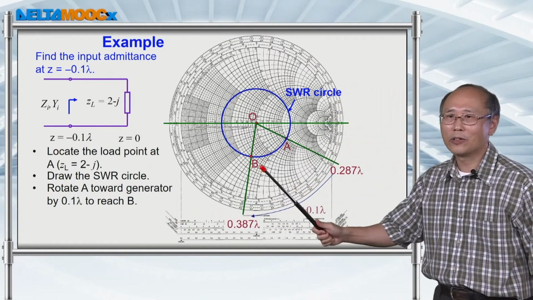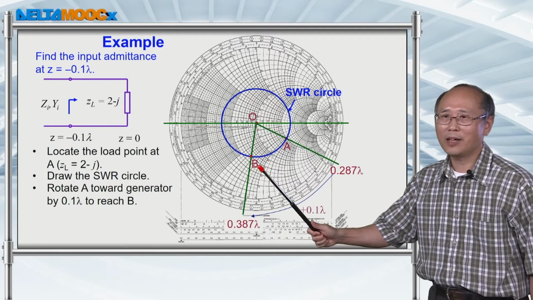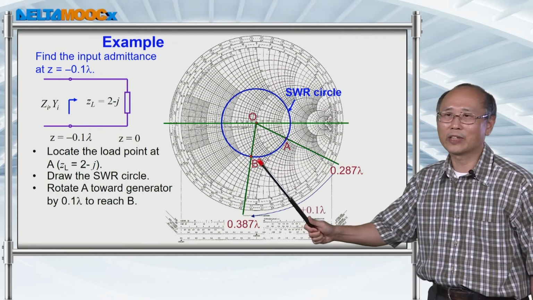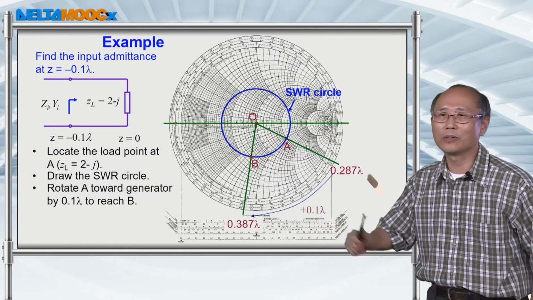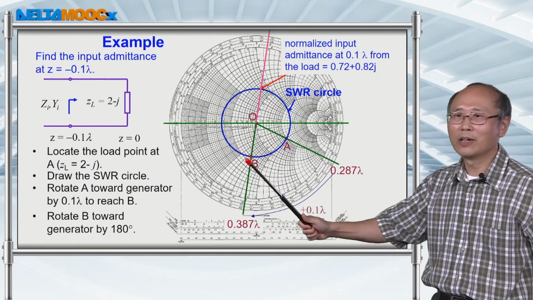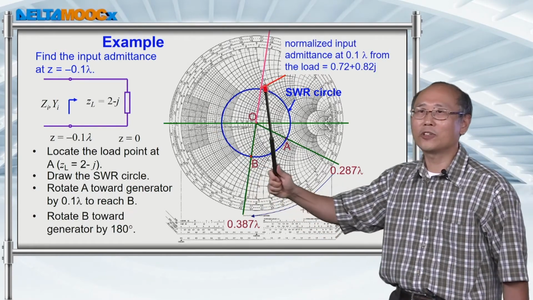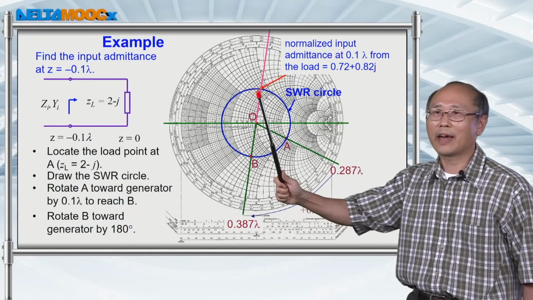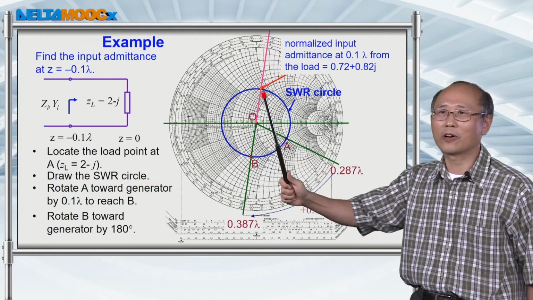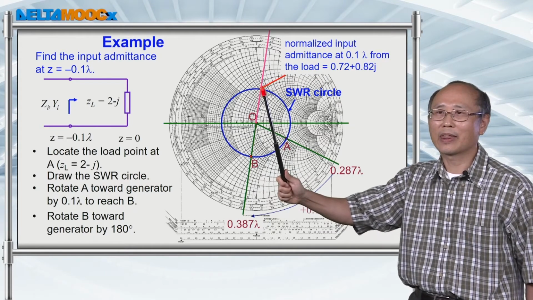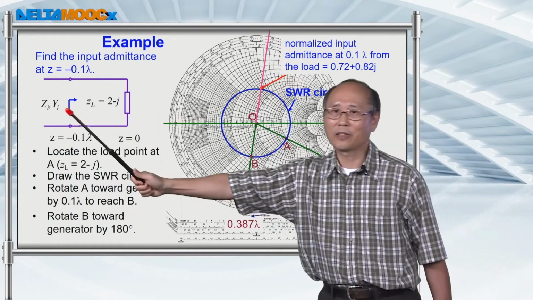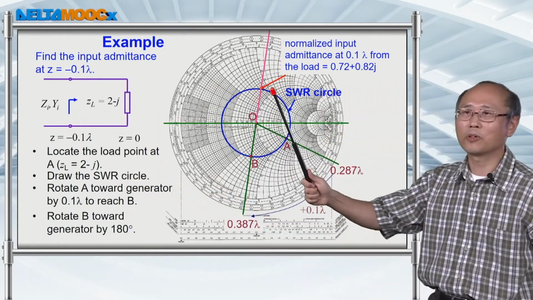So you can read the input impedance at B, and if you want to convert the input impedance at B into admittance, then you continue to rotate this line by an additional 180 degrees. Then you will be intercepting the SWR circle at this point, and now you are ready to read the normalized admittance at this point.